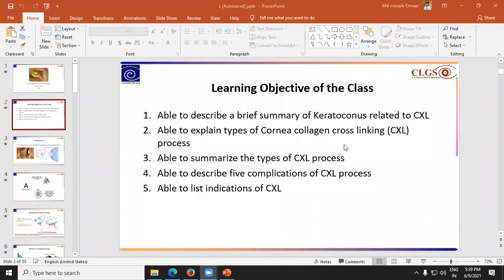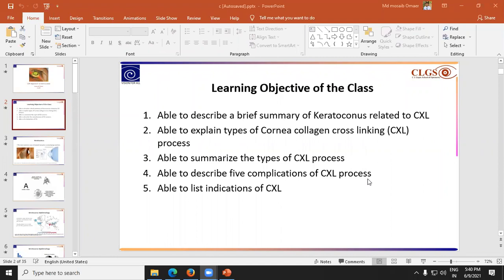And one LASIK Xtra also. Okay, those are extras, not for keratoconus; it means we can also use C3R there. Okay, good.